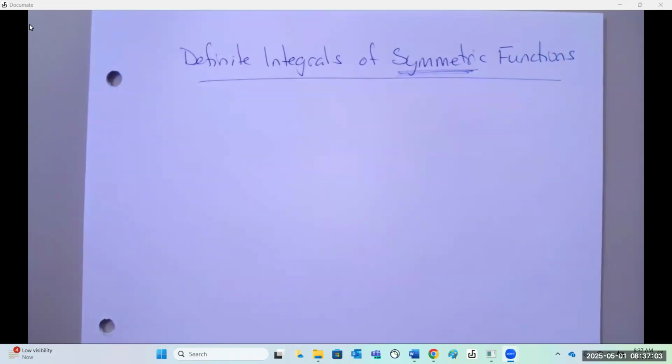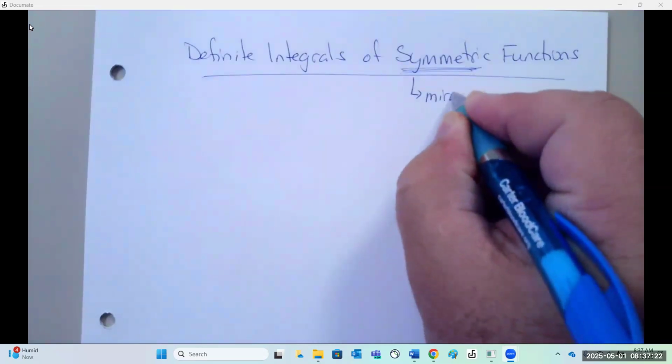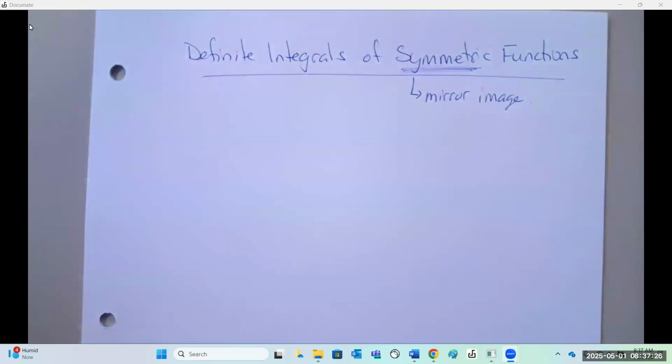Again, guys, these are basic terms. These are the terms you should have learned in algebra. What is symmetric? If something's symmetric, what does it look like? Mirror image. It's a reflection of itself.